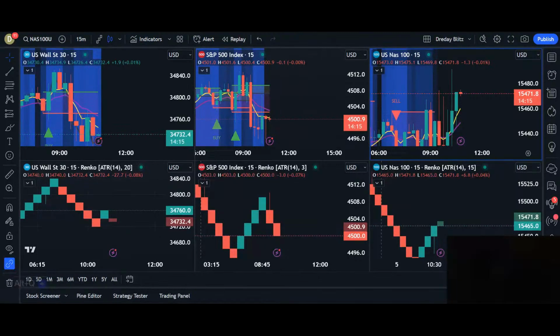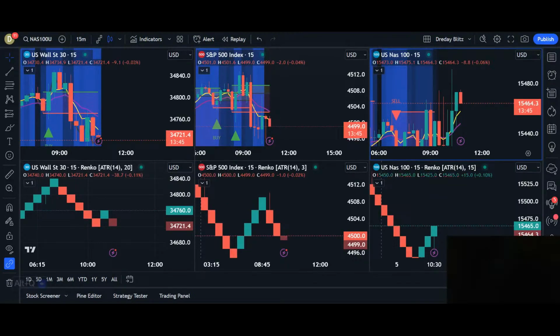So far this morning, there was not a lot of movement at market open, so we may be expecting more movement later on during the day. But if you were in the trades at the start of the session, you are currently in the green for US 30, S&P 500, and the NASDAQ.